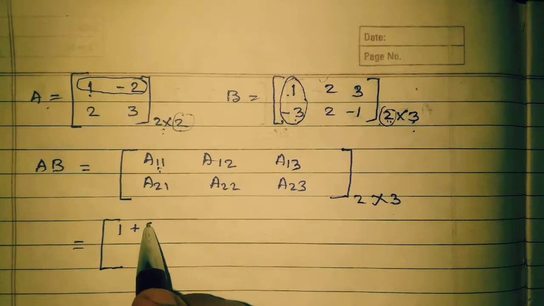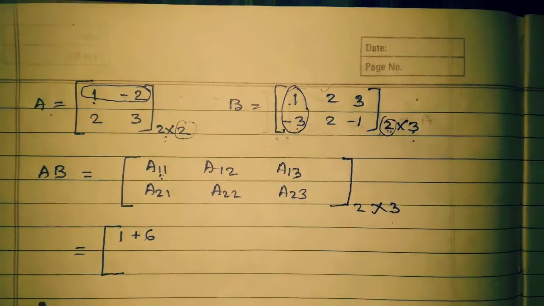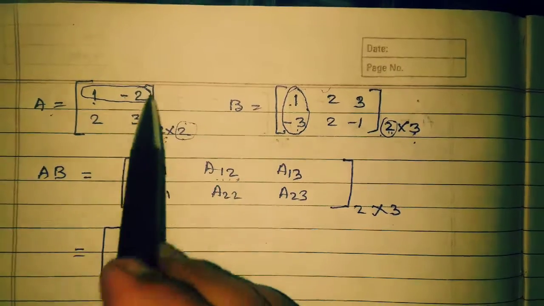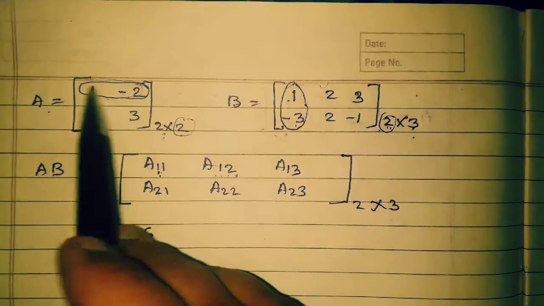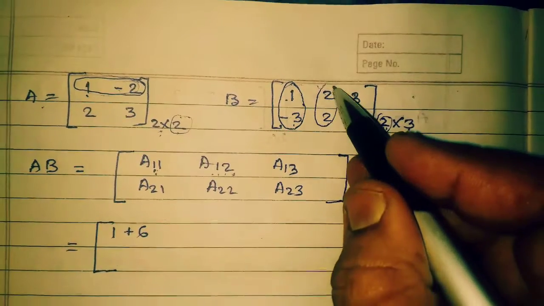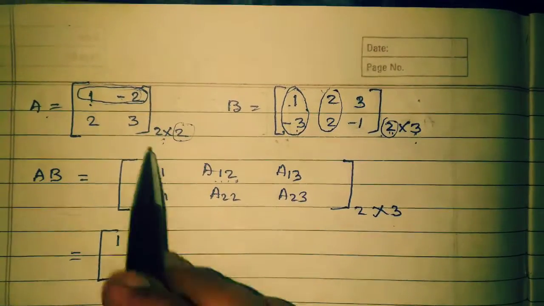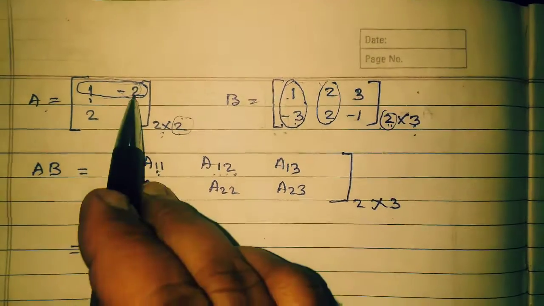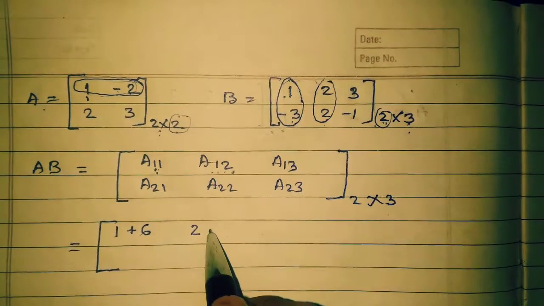Similarly, when we find out A12, A12 means the first row of the first matrix and the second column of the second matrix. So 1 into 2 is 2, and minus 2 into 2 will get minus 4.